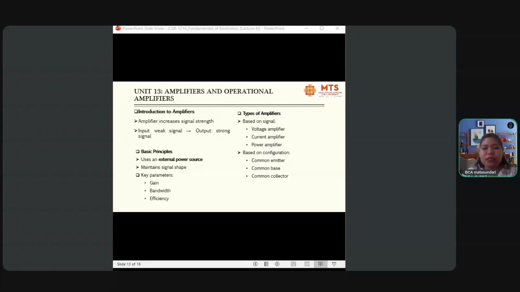Key parameters are gain, bandwidth and efficiency. There are two types of amplifier, one based on signal and another based on configuration. Based on signal, there are voltage amplifier, current amplifier and power amplifier. Based on configuration, there are common emitter, common base and common collector.